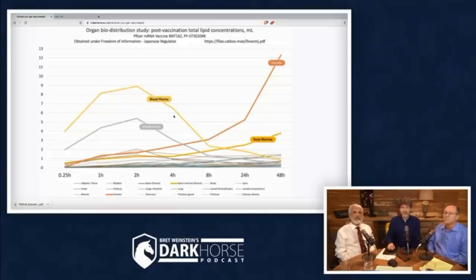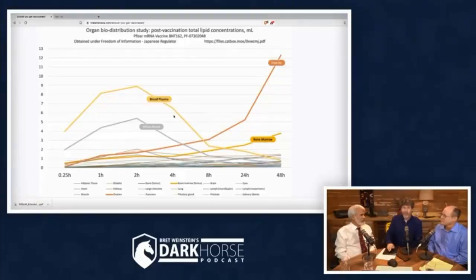And then the other place that we have a signal, which I think suggests something we need to worry about farther down the road. You tell me, Robert, if I'm on the right track here or not. The fact that it shows up concentrating in bone marrow is bad news. That suggests you could end up with leukemias, which originate in bone marrow. I'm not saying this is going to happen, but we need to look for it.